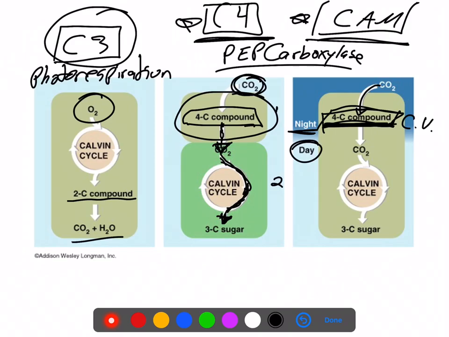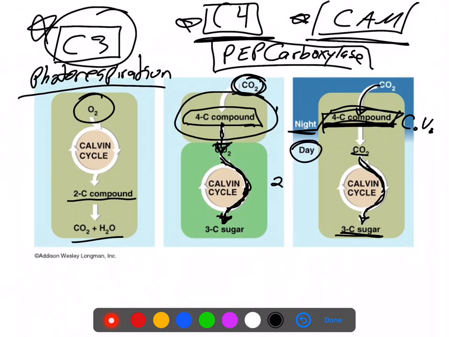The CO2 then is released during the day from the 4-carbon molecules. In fact, these 4-carbon molecules are stored in the central vacuole of these plants. And during the day, the central vacuole releases the 4-carbon molecule. It breaks down into CO2, and it gets spoon-fed into rubisco's mouth so that rubisco only ever sees CO2, and the 3-carbon sugars are produced.